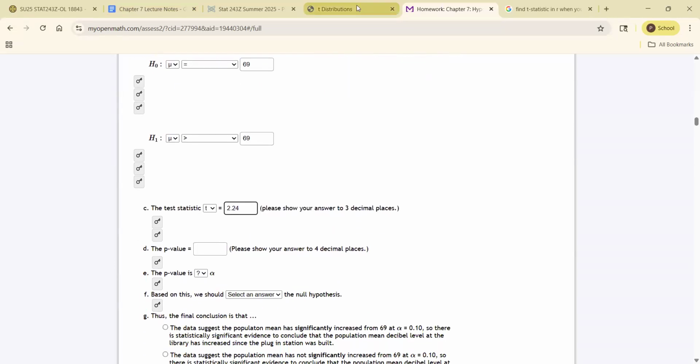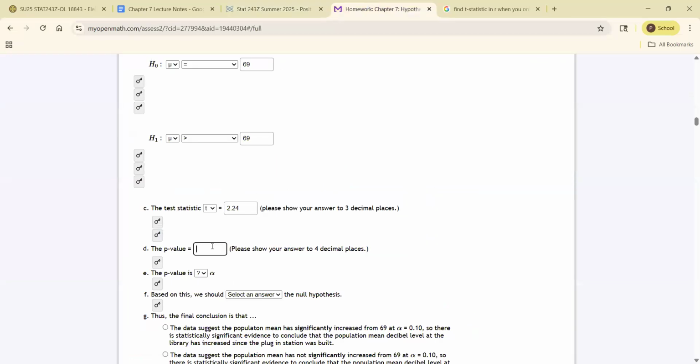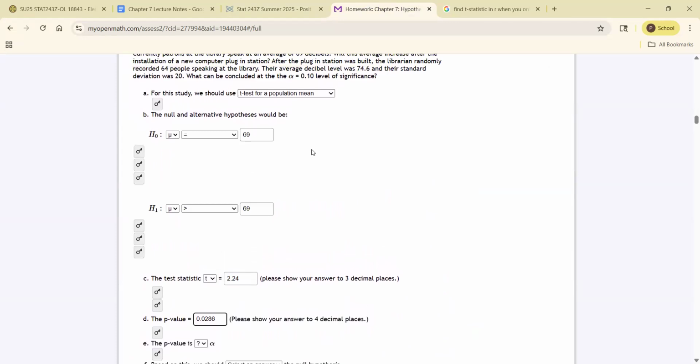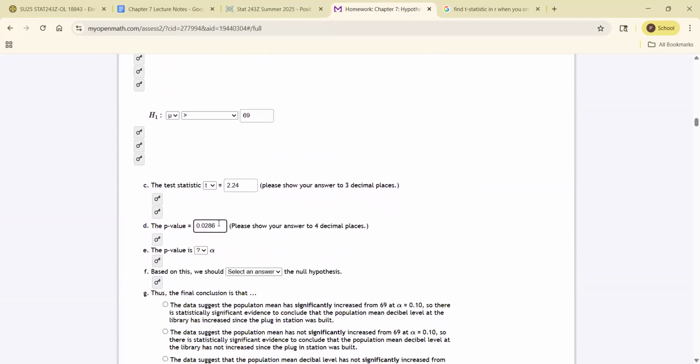The p-value is, here it is, 0.02863. And they want it rounded to 4 decimal places. So let's pull that last one off. What was our alpha? It was 0.10. So a probability less than 0.1 means we don't think we're in Kansas anymore.